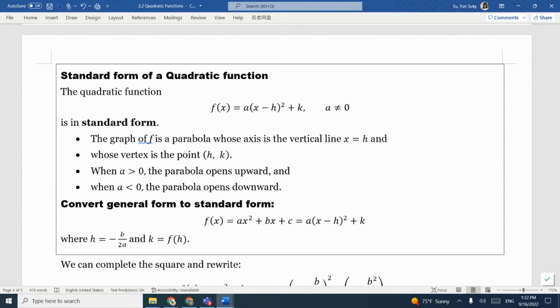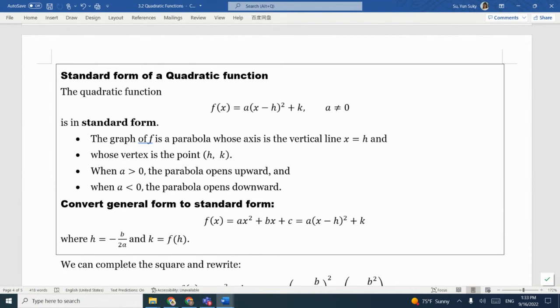Okay, and how do we convert from the general form to the standard form? What's the good thing about the standard form? So if we have this standard form, then the graph is a parabola whose axis is a vertical line. So the vertical line would be x equals h. This is the axis of symmetry.